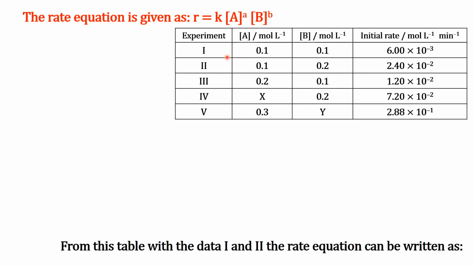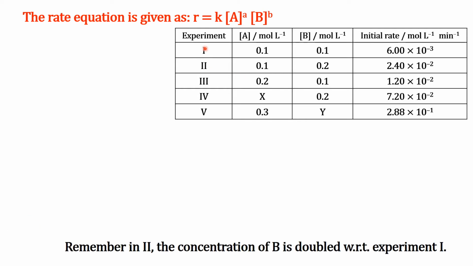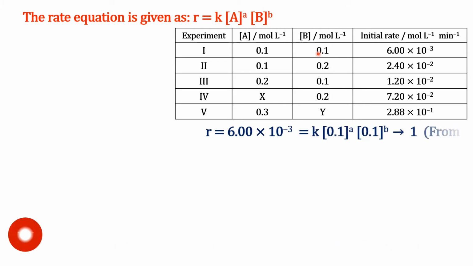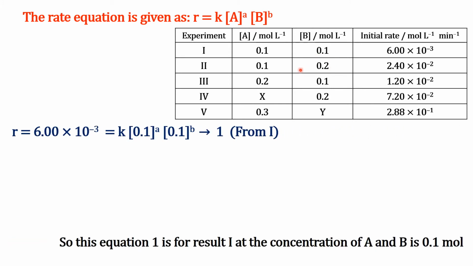From this table, with the data 1 and 2, the rate equation can be written as follows. Remember, in experiment 2, the concentration of B is doubled with respect to experiment 1. So this is equation 1, at the concentration of A and B being 0.1 molar.